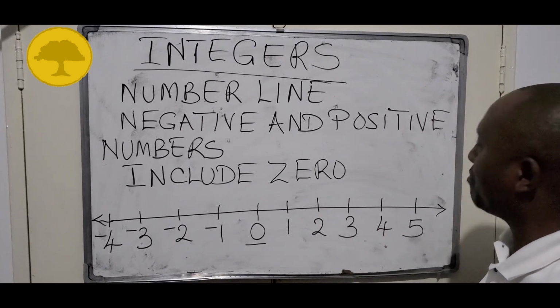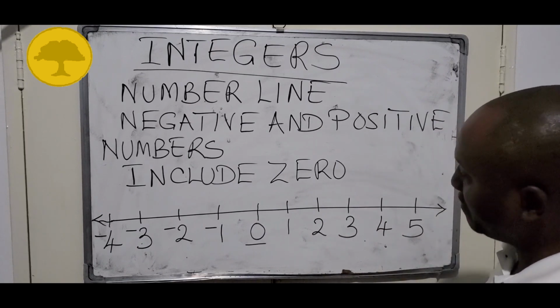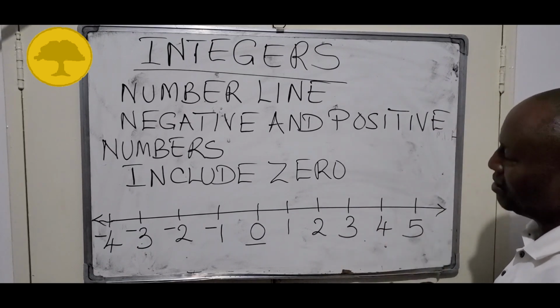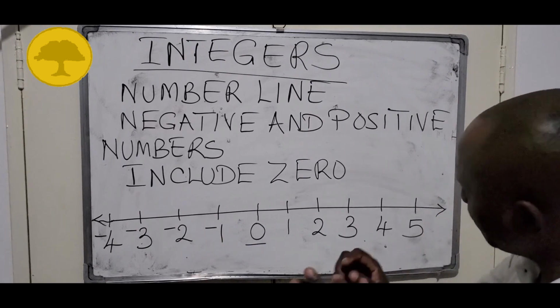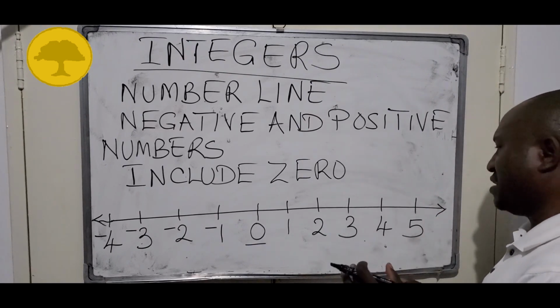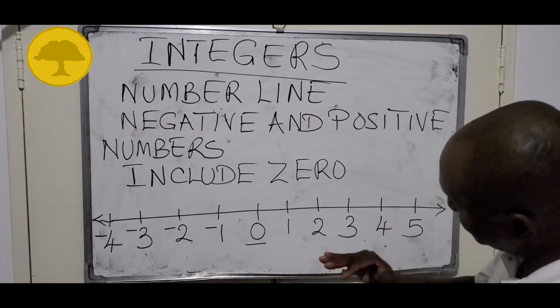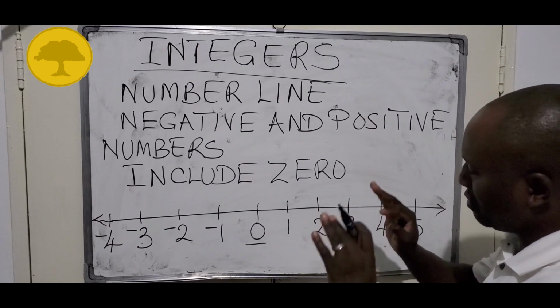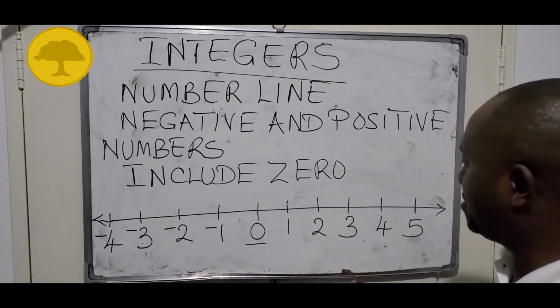If you have 0 apples, you basically have 0 apples. So the concept of value is based on the number and the place values. Before we come to the issue of place values, because place values play a bigger role, in this particular topic we'll just focus on positive and negative numbers and their values.